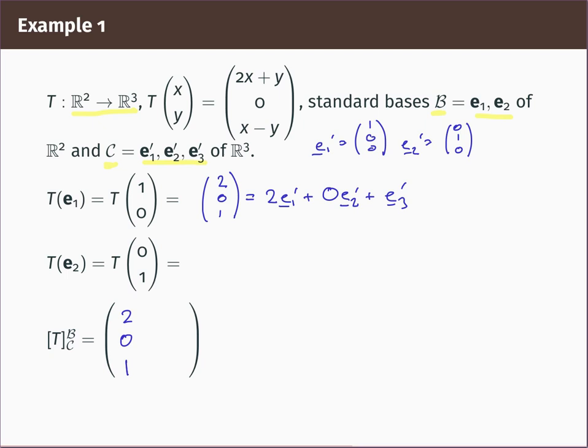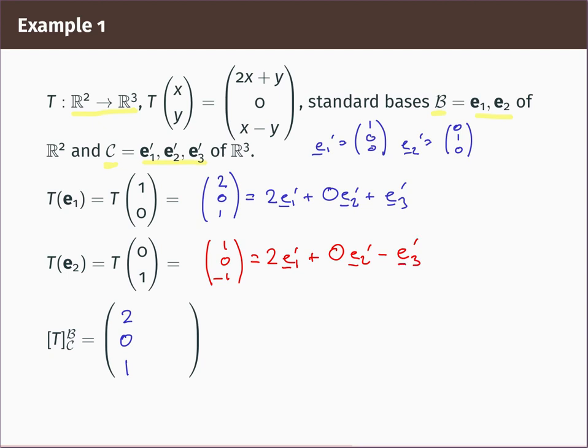Now let's work out T of E2, which will tell us what goes in the second column of this matrix. T of E2 is T of (0, 1), and substituting x equals 0 and y equals 1, we get the column vector (1, 0, -1), which is, in terms of the final basis C, 2 times E1' plus 0 times E2' minus 1 times E3'.